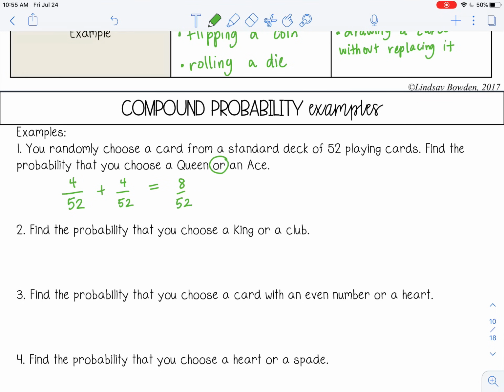And then you want to reduce that. That would reduce to 2/13. And if you want to change it to a decimal, about 0.15 or 15%. So all 3 of these are correct, just different forms.